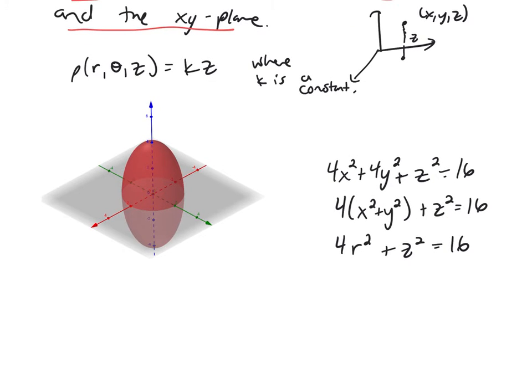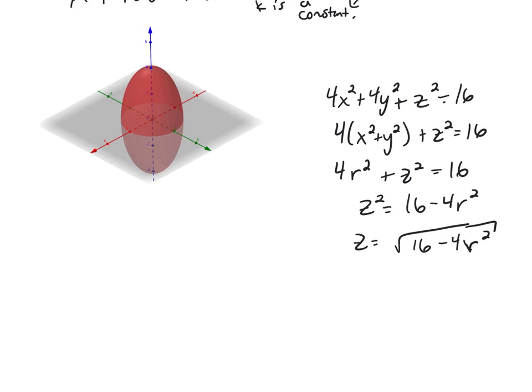So if I solve for z and take the square root, here I don't need to worry about the minus because I'm only looking at the part above the xy plane. So this gives me my bounds on z. Z is bounded below by the xy plane and above by this ellipsoid equation, the square root of 16 minus 4r squared.